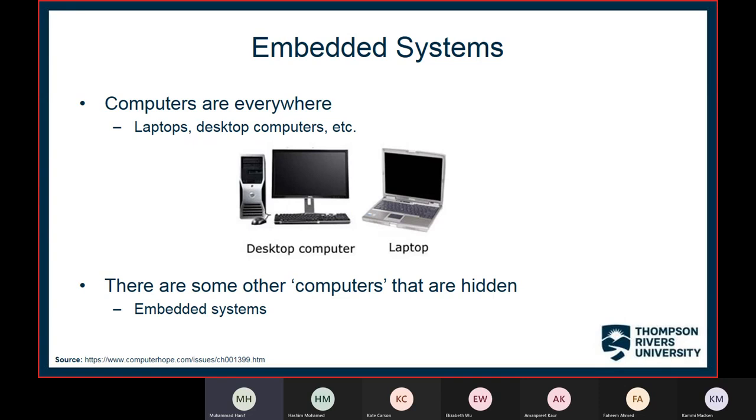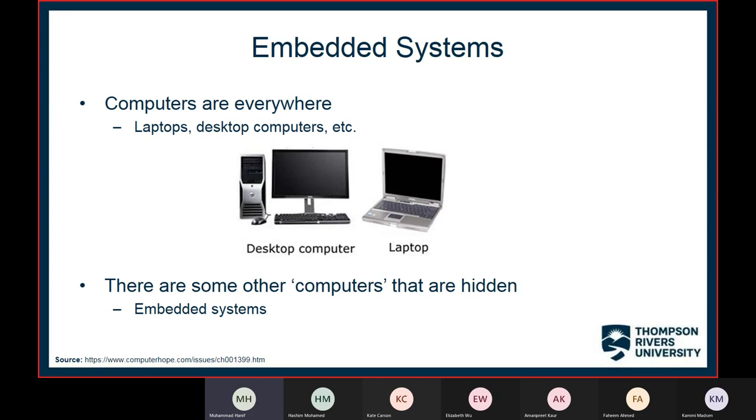You see computers everywhere, be it your desktop computers, your laptops, your tablets. These are all examples of computers. But surprisingly, you see some other forms of computers, or mini computers, everywhere in your house, in your schools, in your buses, even in your pockets.